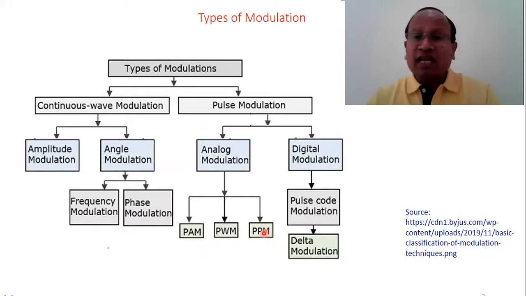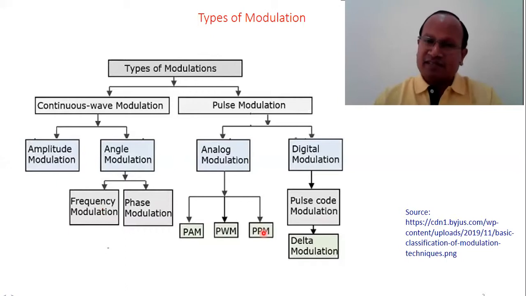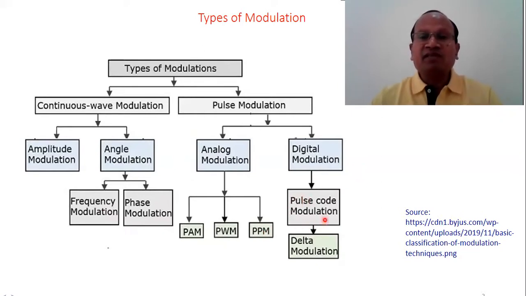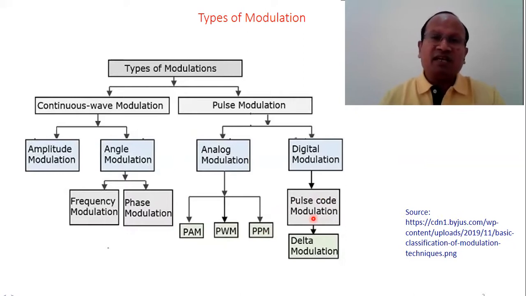PWM is pulse width modulation, and PPM is pulse position modulation. These are all analog pulse modulation methods, whereas the digital modulation very popularly used is called PCM, pulse code modulation method. Then it has its variants: DPCM, differential pulse code modulation, delta modulation, then adaptive delta modulation.